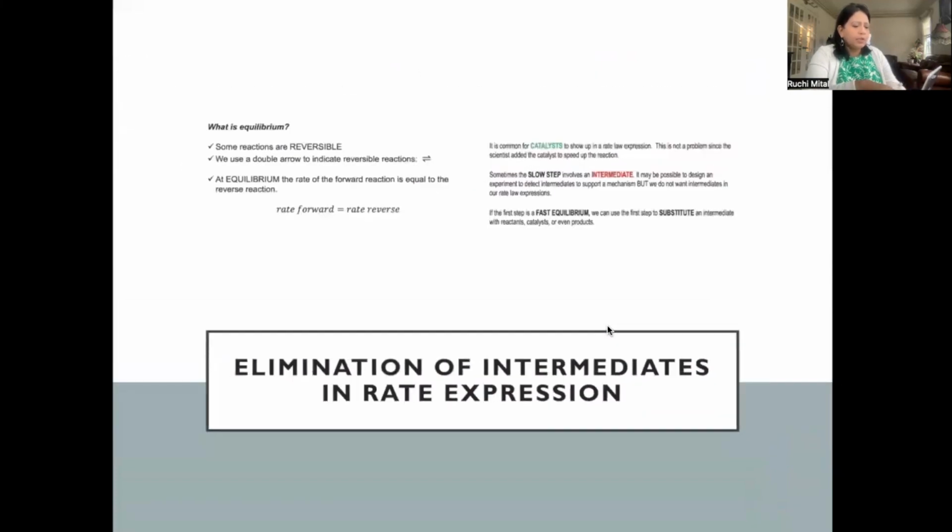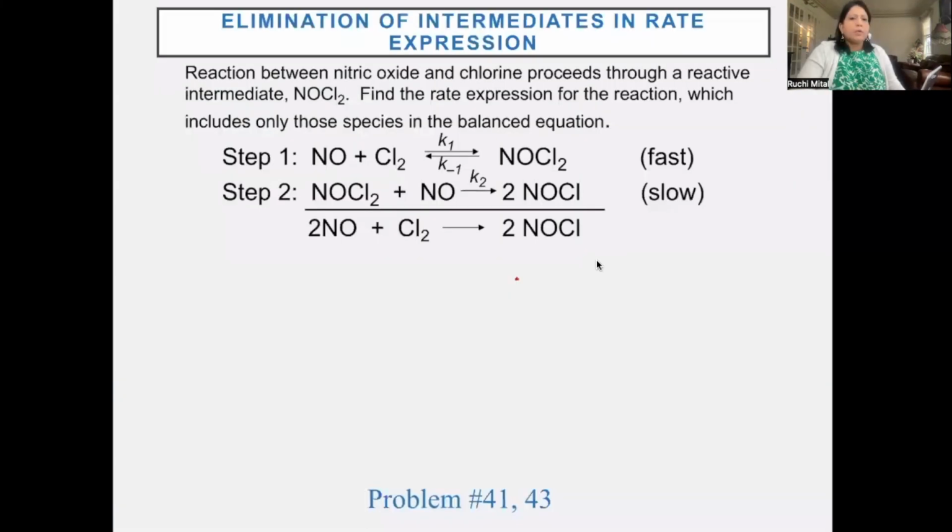Right. So we talked about elimination of the intermediate. All right, so let's try to understand how we are going to eliminate an intermediate in a rate expression. If you look at this equation, you are given the two elementary steps. Your slow step is your rate determining step.